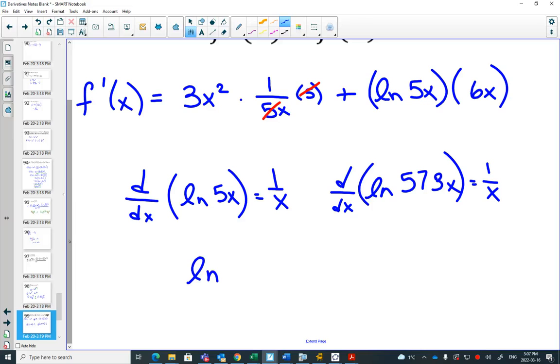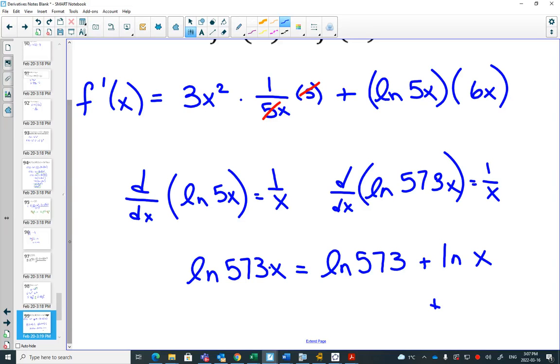Right, so if we expanded, I like 573, I don't know why, it looks like a very beautiful number. If we expanded this using our log laws, when you're multiplying inside of a logarithm, you can write that as a sum. And if I took the derivative of this, the derivative of the natural log of x would be 1 over x.